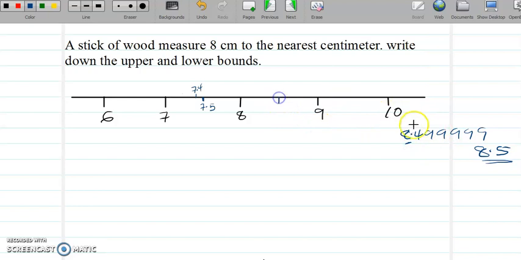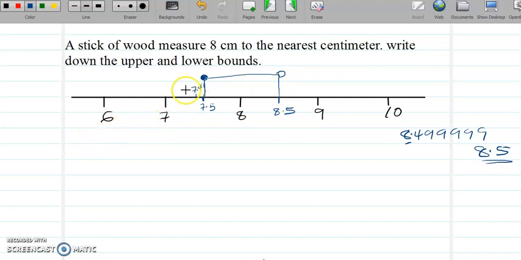So instead of us having 8.4999, we can simply have it to be 8.5, which means that on the number line, 8.5 is not included in the rounding to 8. Other than that, 8.1, 8.2 to 8.49999 are all included.